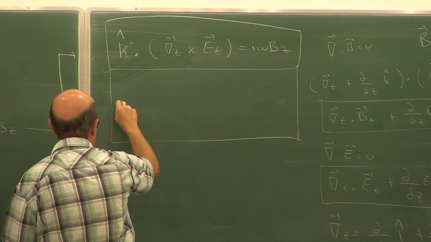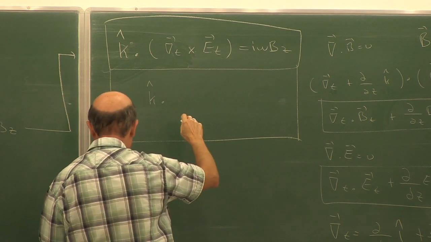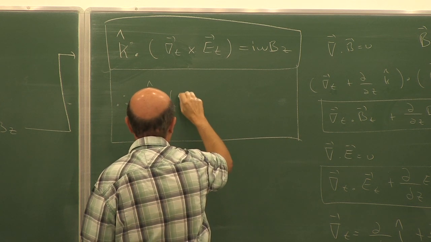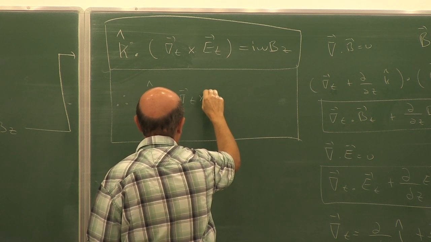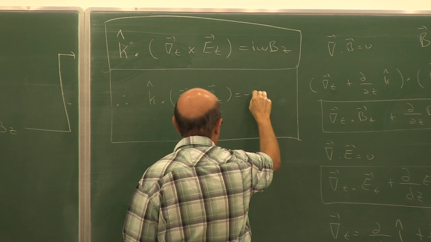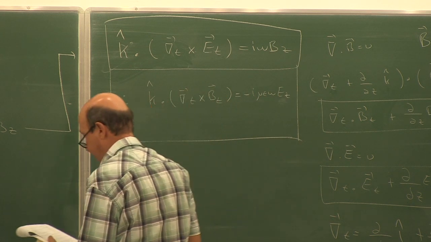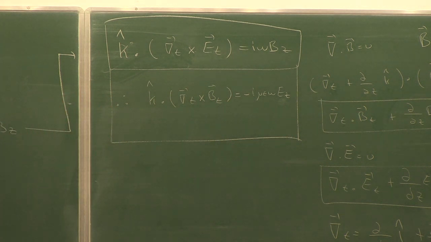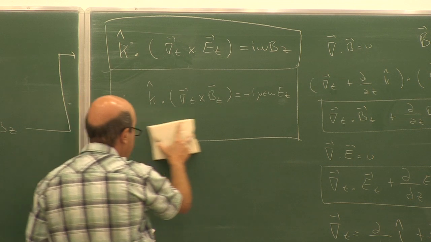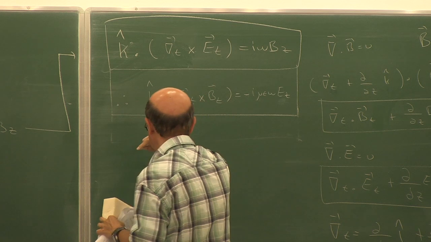So you will get k dot curl of the transverse of B transverse equal to minus I mu epsilon omega Ez. So this second one is the modified Ampere's law along the longitudinal direction.